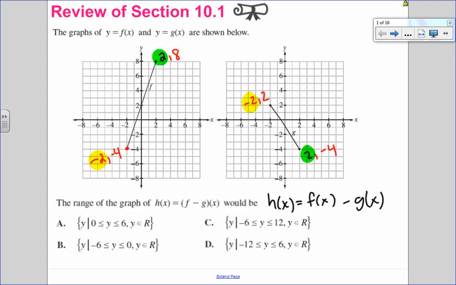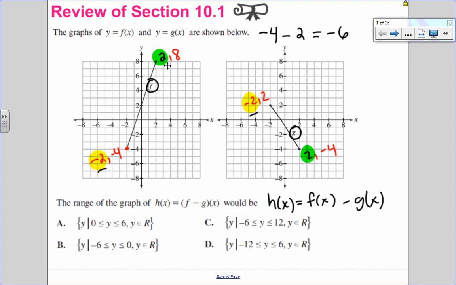So let's look at the x values that line up here, and to find the difference, we're going to subtract the y values. So this is f of x, this is g of x. I'll take the y value when x equals -2 and subtract the other y value when x equals -2, and I get my first range value of -6.